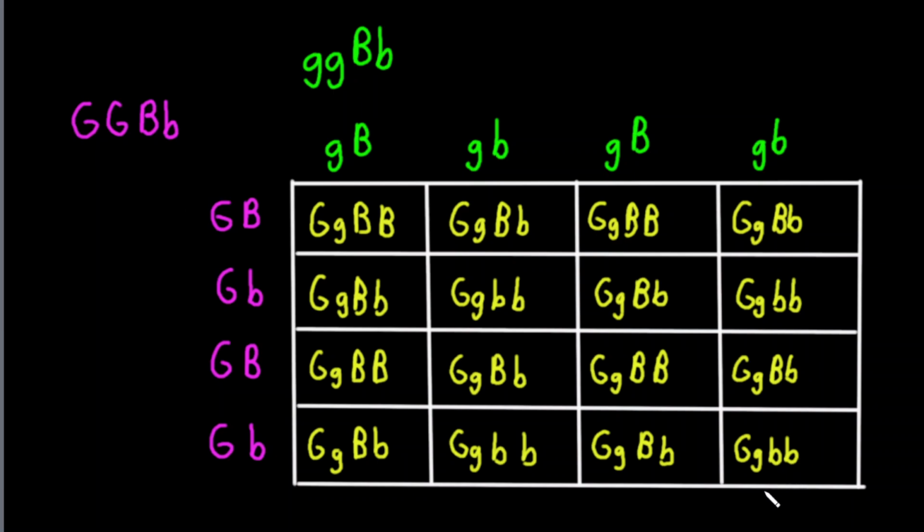All right. And so that is what the inside of the Punnett square would look like for number 4. And so that's all that we've been asked to do in that case. All right, let's clear the board.